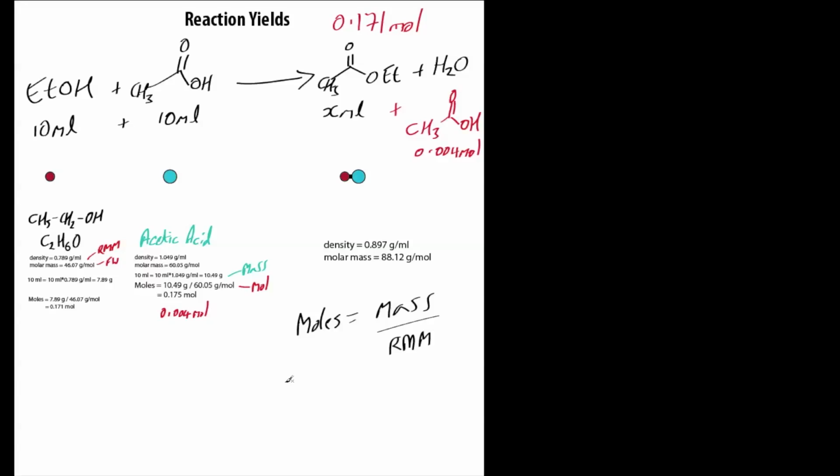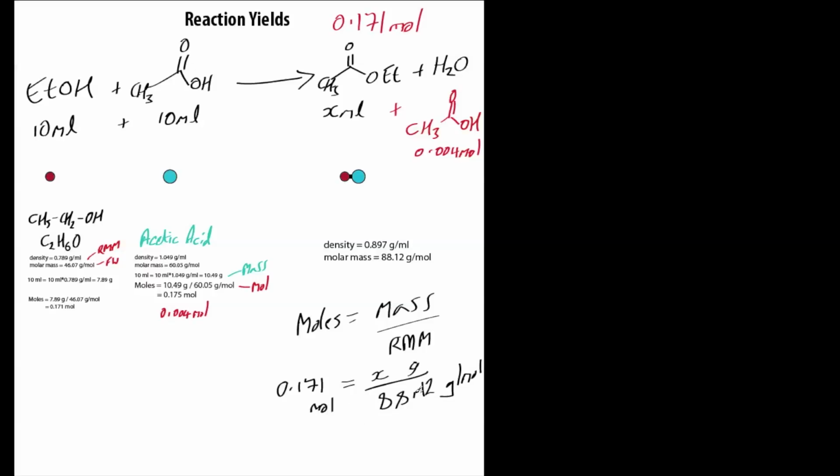So working backwards, 0.171 equals mass, we don't know, so I'll call that X, over RMM, over 88.12. That was going to be in grams, and this is in grams per mole, and this here is in moles.